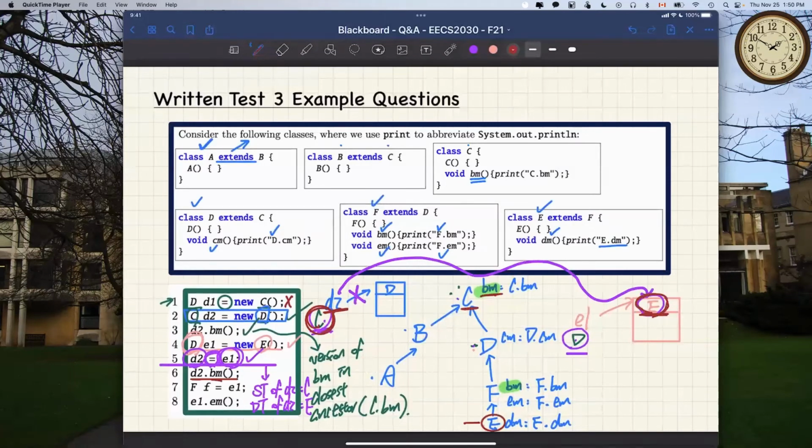No, it doesn't. So we need to look for the closest ancestor, which will be this method over here, BM. That's the closest overridden version. So this one is going to be the version of BM in the closest ancestor, which will be F. But of course, BM is also inherited by E. So you should really say the version of E, which is inherited from F.